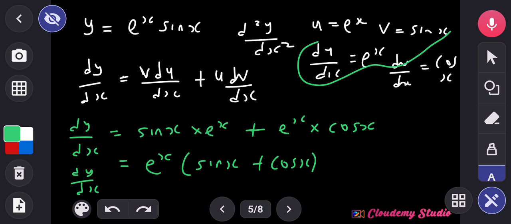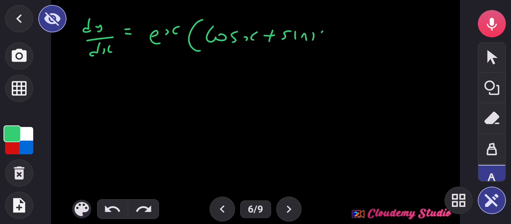I'll just say that dy/dx equals exponential x into bracket cos x plus sin x, which means the d²y/dx² will be given as what?